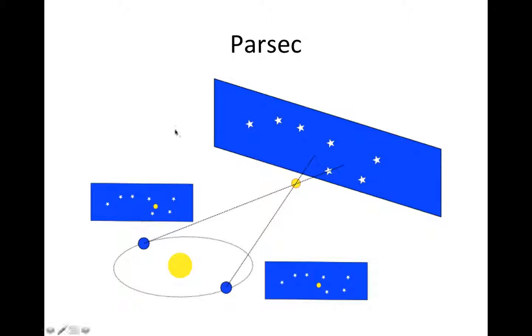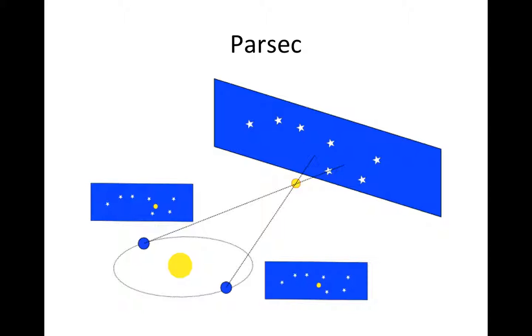And so astronomers measure the angle of parallax, and then they are able, through trigonometry, to measure the distance between the Sun and the star. Okay, so if this angle is 1 arc second, okay, so 1 degree of an angle has 60 minutes.